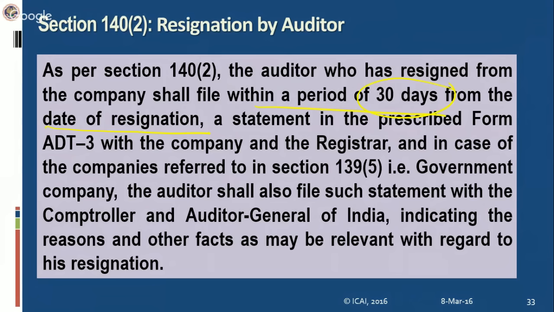The auditor who has resigned from the company shall file within a period of 30 days from the date of resignation. Now this period you should remember. He will file a statement in the prescribed form, and please note that form is ADT3, with the company and registrar.